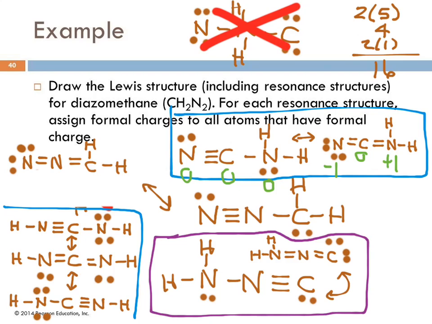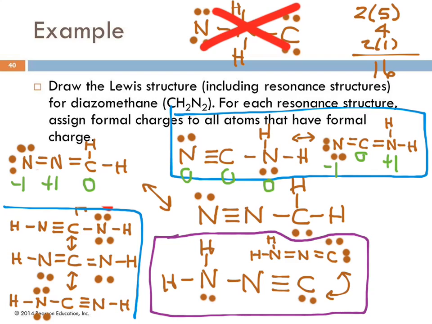So that one's not as good. But we'll leave that combination on the table for consideration. Let's go do this guy over here. Formal charge for the nitrogen on the end, -1. And the guy next to it, +1. And the carbon, 0.